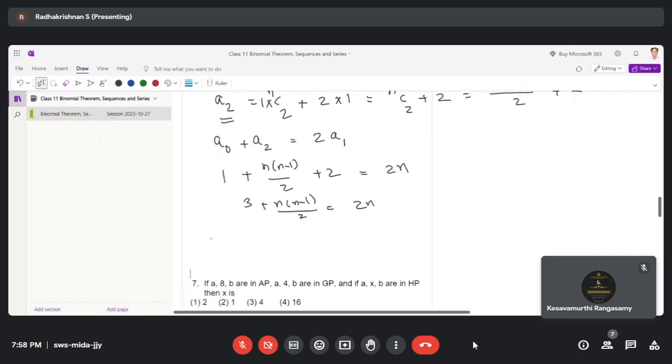The best way to do is multiply the entire equation both sides by 2. So we can eliminate the denominator, eliminate the fraction. Everything we can make it as a simple term. 6 plus n into n minus 1 equal to 4n. It is multiplied by 2. When we multiply on this side, we should multiply the other side also.